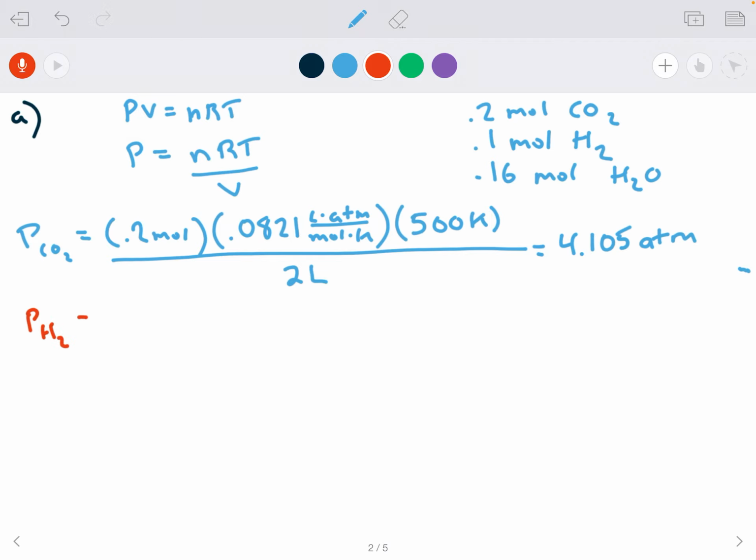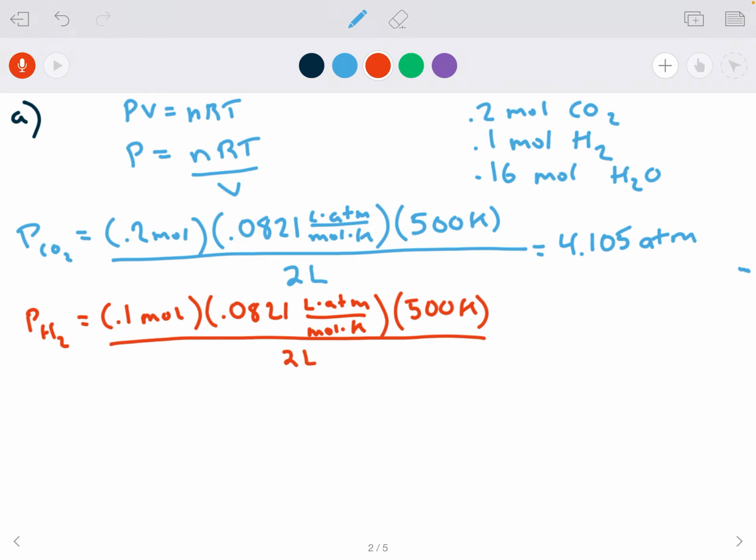So the partial pressure of H2 will be calculated in a similar manner. It's going to be 0.1 moles times 0.0821 liter ATM per mole Kelvin times 500 over 2 liters to give 2.053 ATM.